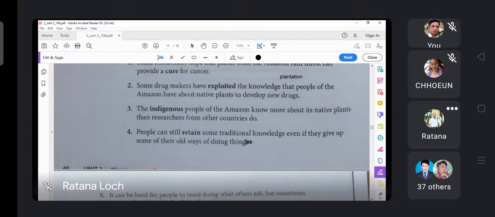So it means they don't care about the native knowledge, the knowledge of the native people that they use in herbal medicine, you know, herbal medicine to cure some diseases, right? Okay, how about number 3?